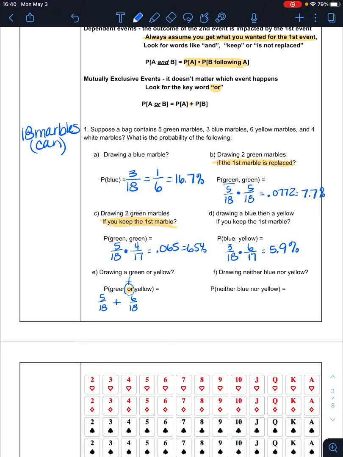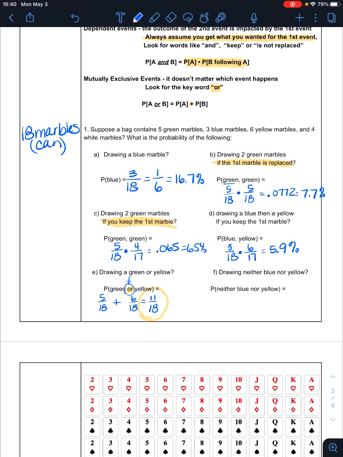Well, 5 over 18 plus 6 over 18 is 11 over 18. Now, I could have just skipped straight to this. How many make me happy? Green and yellow make me happy. Well, 5 green and 6 yellow is 11 marbles that make me happy out of the 18 that are there. So you don't even really have to think about adding them. You can just do that part kind of in your head. You don't have to actually physically write that down to do that part.